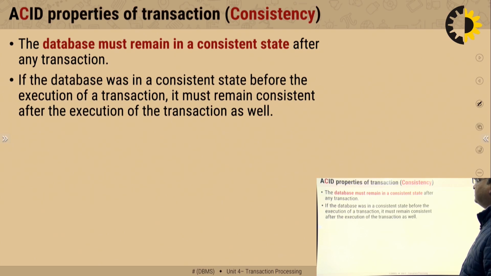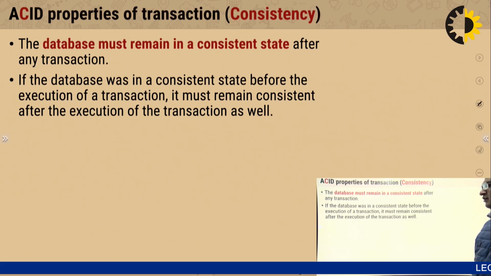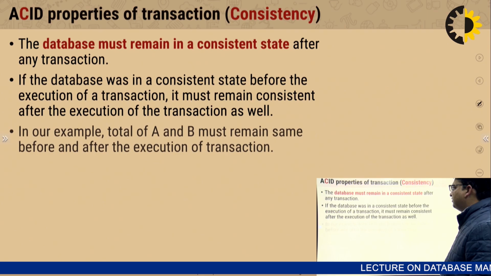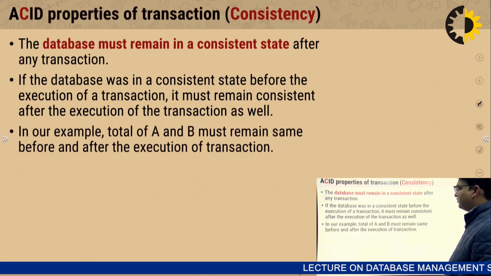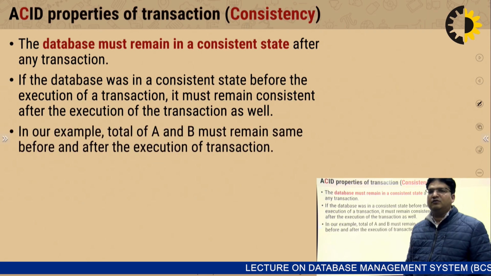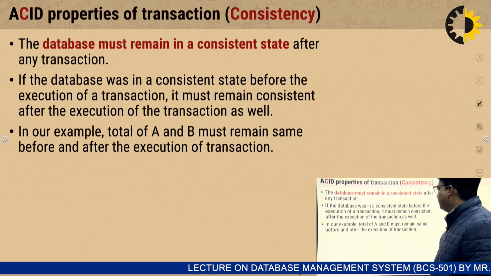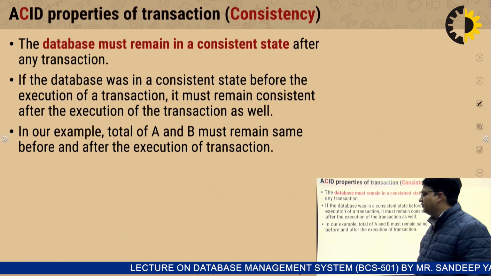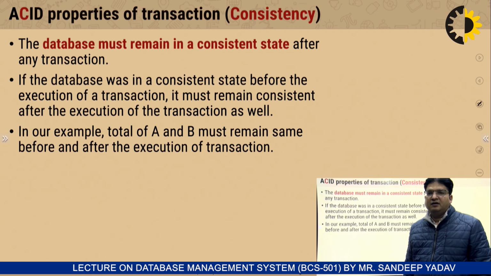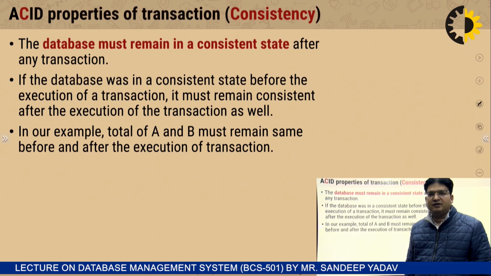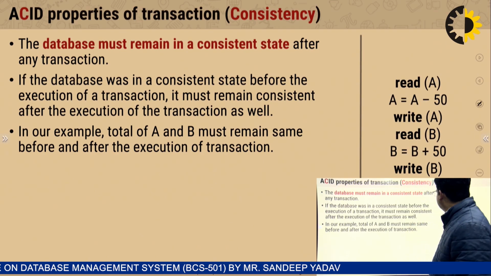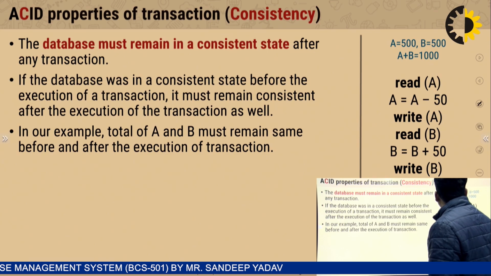Now consistency means if the database was in a consistent state before the transaction, then it must be in a consistent state after the transaction is over. How to check whether the transaction is consistent or not? There is a simple check: if the total of A and B remains the same before the transaction, then after the transaction also it should remain the same. Let us see.